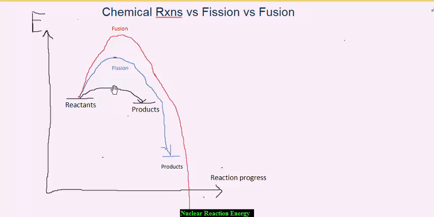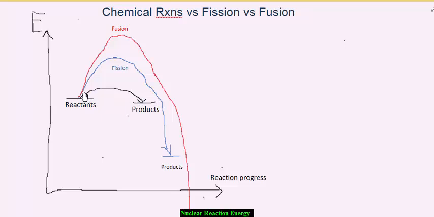And after we reach the top of the hill, the transition state, then you start getting energy out. In an exothermic reaction, the products are going to be lower in energy than the reactants. So the energy comes out from the chemicals, essentially, and we feel heat.